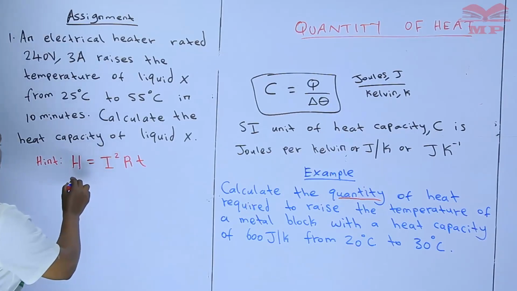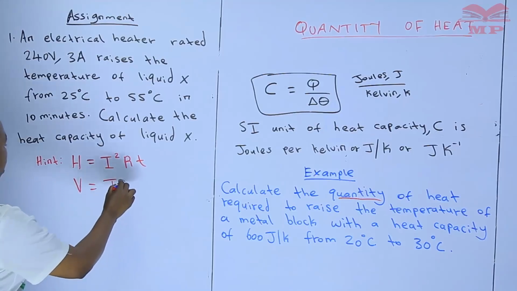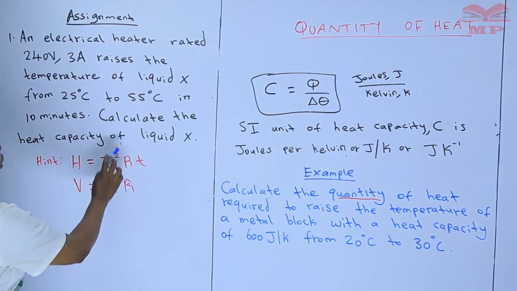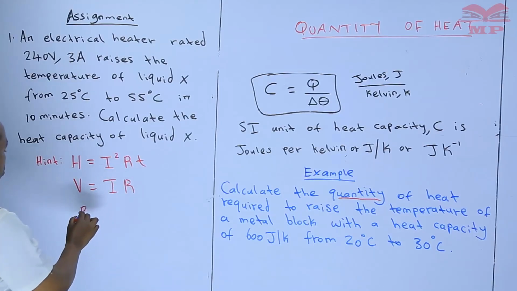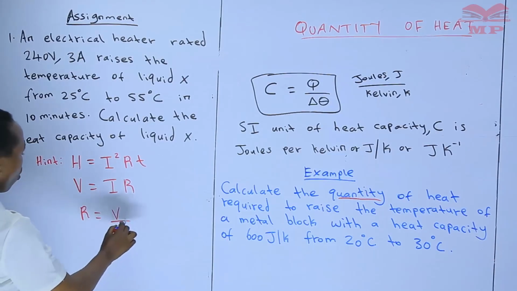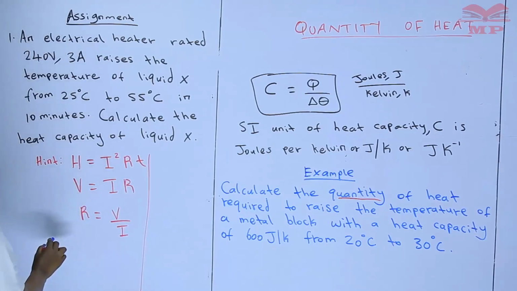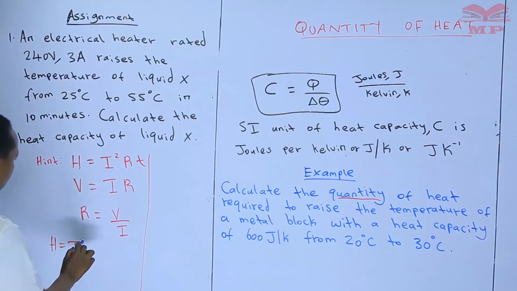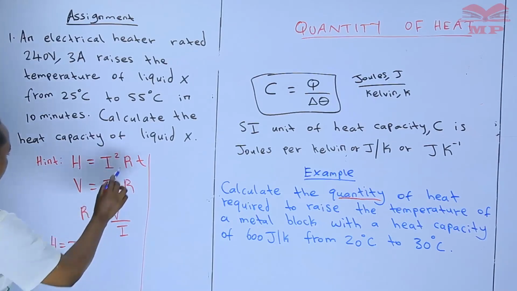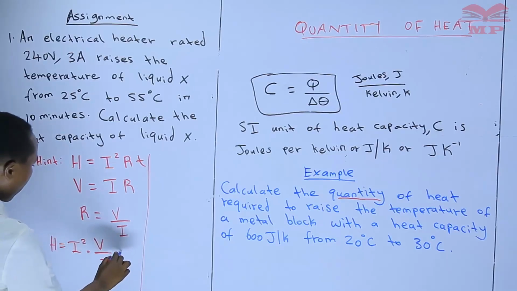So also you remember from Ohm's law, V is equal to IR, and because we don't have resistance in our case, we can make R the subject, so R will be V over I, meaning that our equation will be heat will be equal to I squared multiplied by R, which is V over I, multiplied by T.